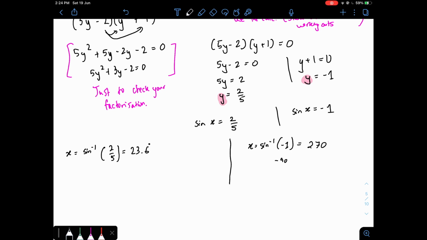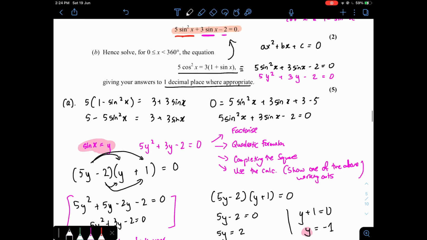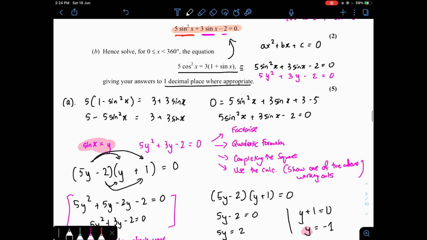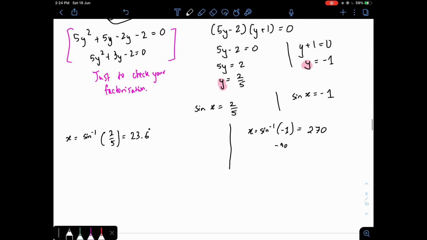Okay, so let's go back. They want all the answers that are outside the range, right? So they want the answers from 0 to 360. Now if you remember, we know that there is this CAST diagram, C, A, S, and T, right?